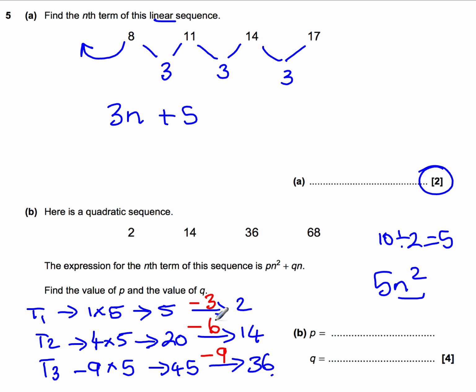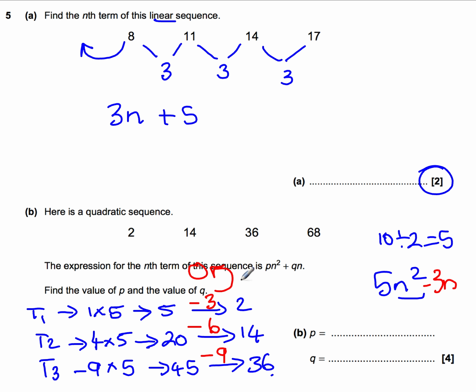So I've created a new linear sequence. As I'm going down by 3 each time, I know the second part of the formula is negative 3n. In order to see if there was any number adding on there, I need to have gone to the term previous, which would be, the difference would be 0. So I don't need to add anything.